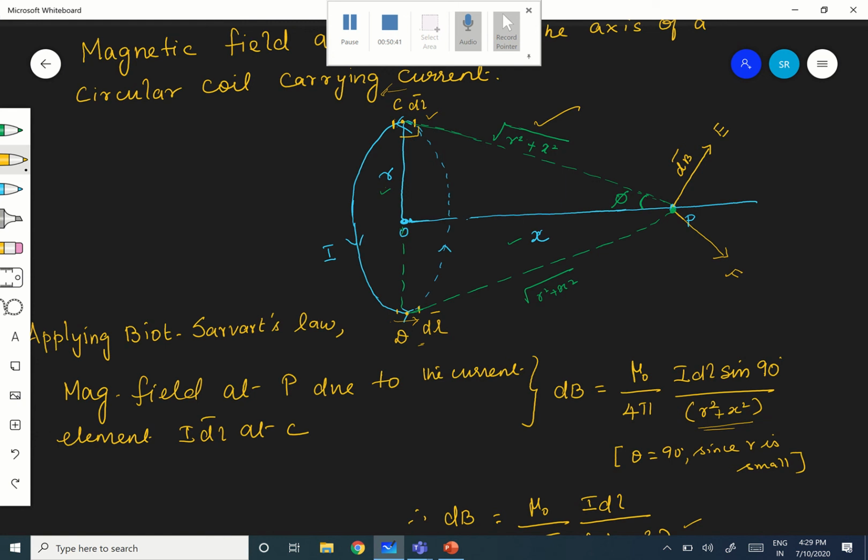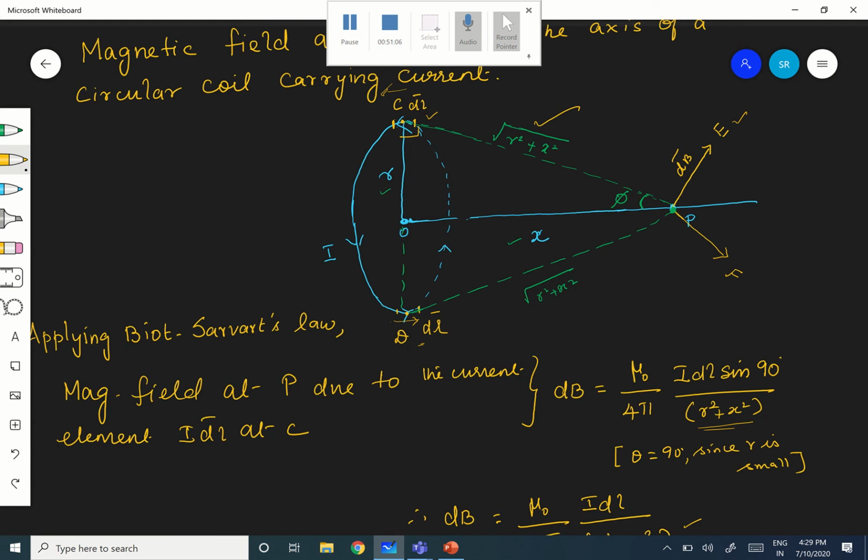It is perpendicular to the plane containing, that I cannot show in 2 dimensions. That is why I have shown like this. PE is perpendicular to the plane containing the element I dl at C and the position vector CP.